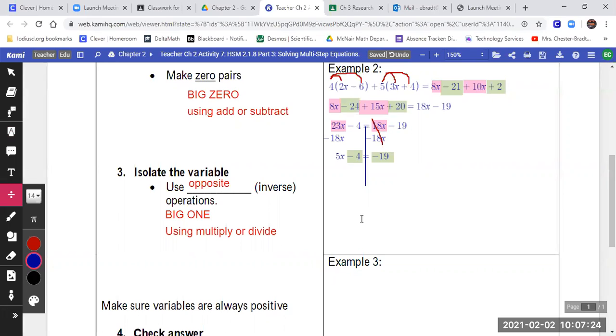How am I going to move that negative 4 into a big zero? Add 4 to both sides. Yes. So add 4 to the left. Add 4 to the right. We got a big zero.